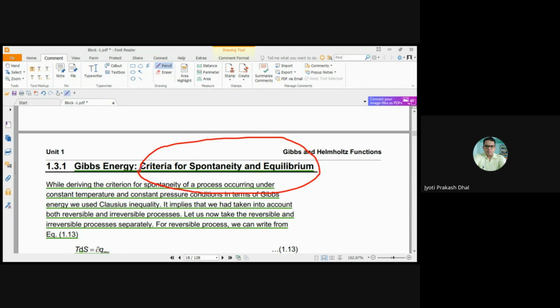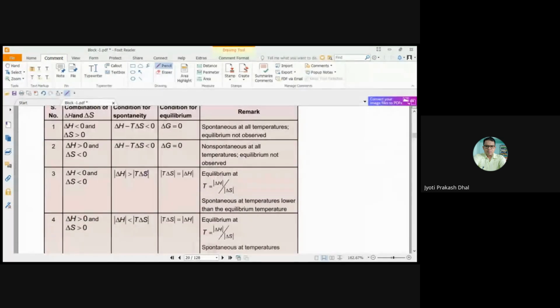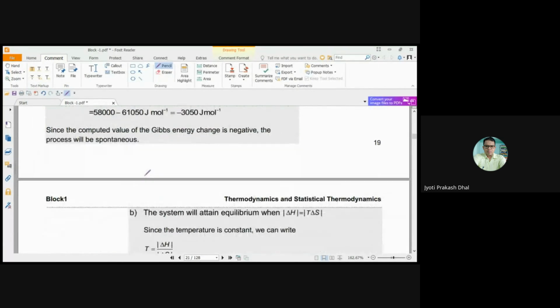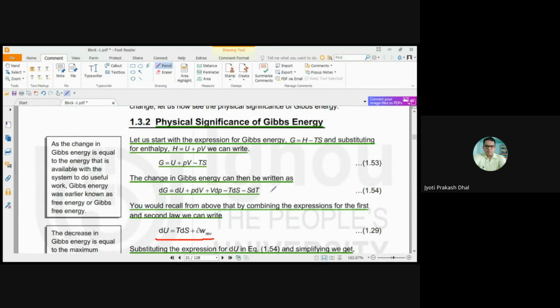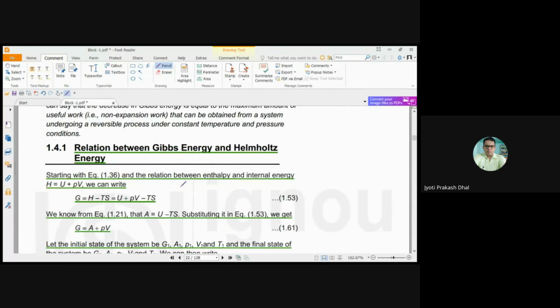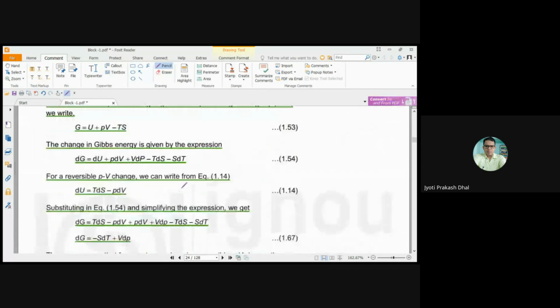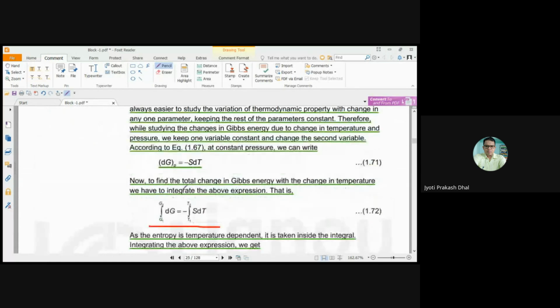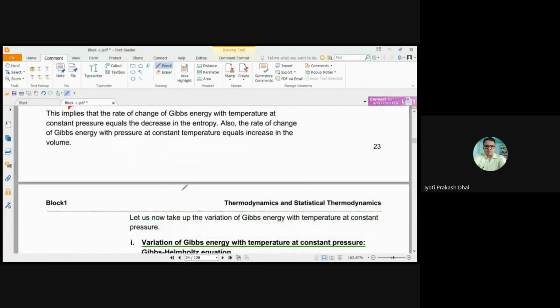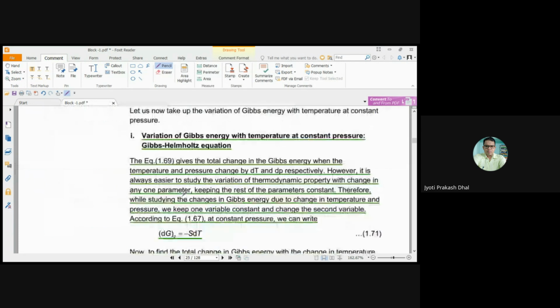So there are two questions: criteria of spontaneity in terms of Helmholtz energy and Gibbs energy. Then another two long questions: the Gibbs-Helmholtz equation in terms of Gibbs energy and in terms of Helmholtz energy, that is, derivation of the two different forms of the Gibbs-Helmholtz equation.